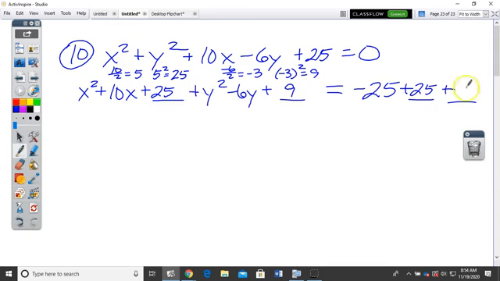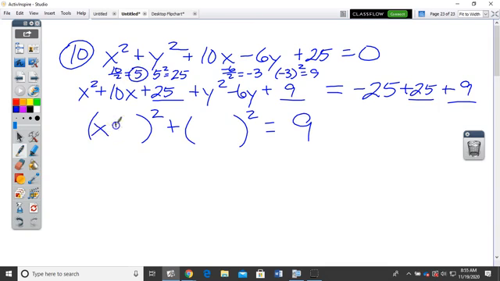That goes there and there. So it's x plus 5, y minus 3.